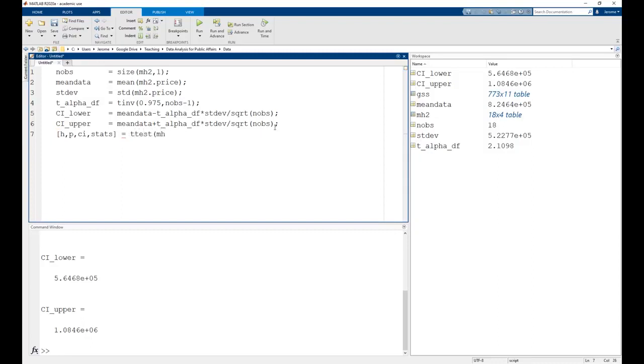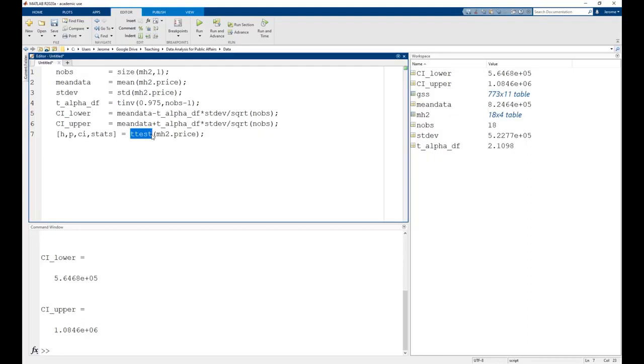Now what you can do is simply feed the data series that you're interested in into this command ttest. Note that in MATLAB, if you are using a particular command, sometimes the command actually calculates a lot more output than is displayed.